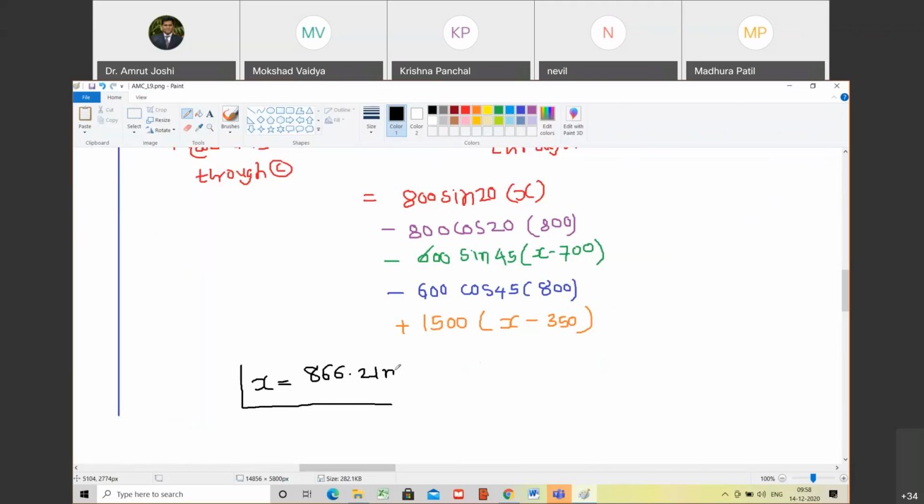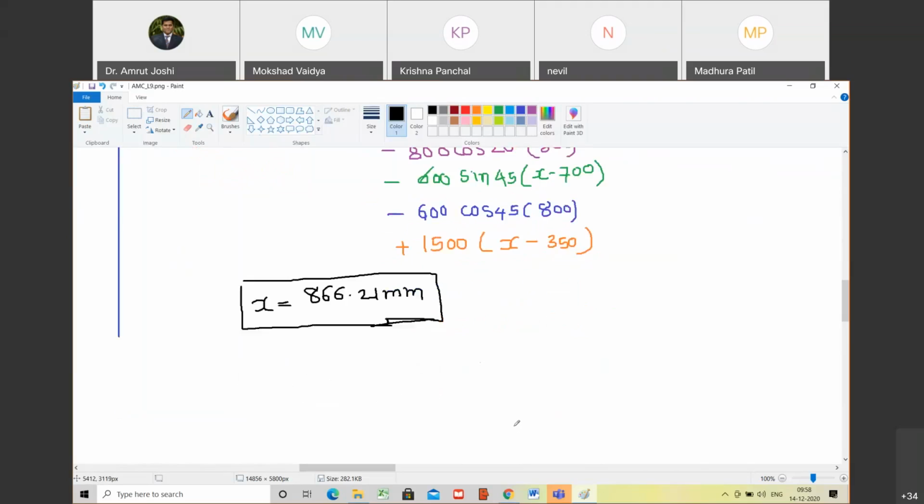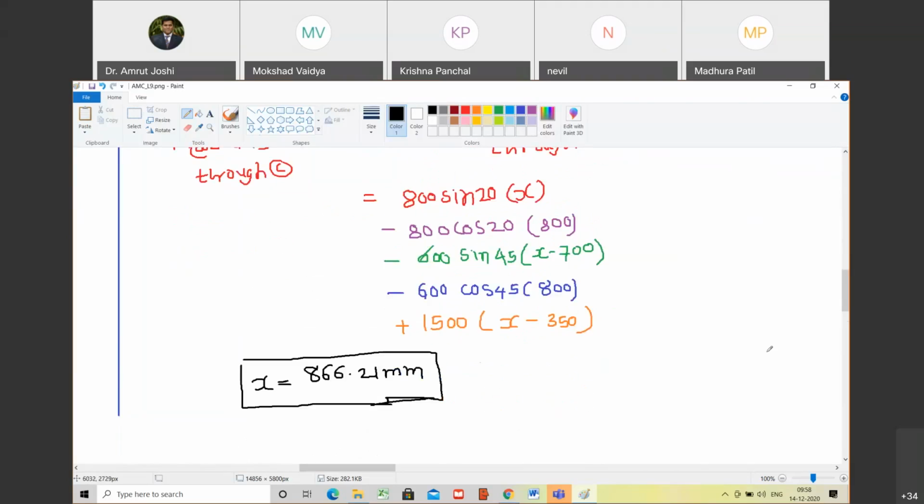866.21 mm. Can someone please confirm? Omkar, Om, can you confirm if you have got the same answer?